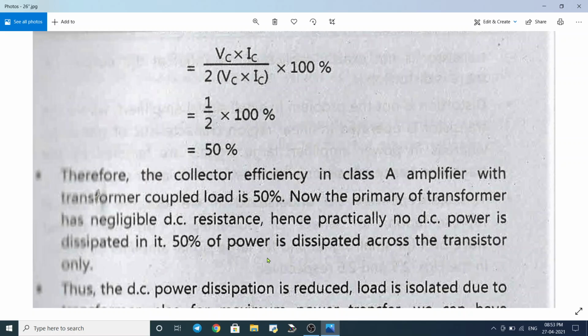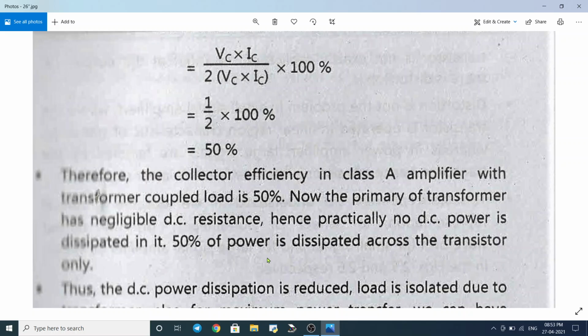So friends, in this lecture we have seen the analysis of class A power amplifier by calculating the efficiency of class A power amplifier with resistive load and class A power amplifier with transformer coupled load.